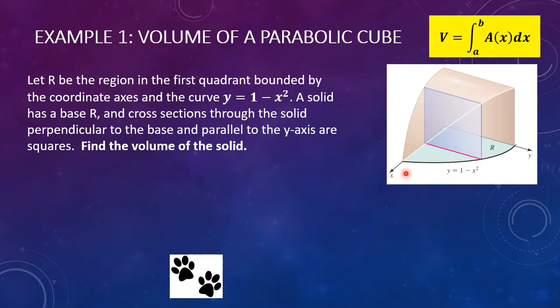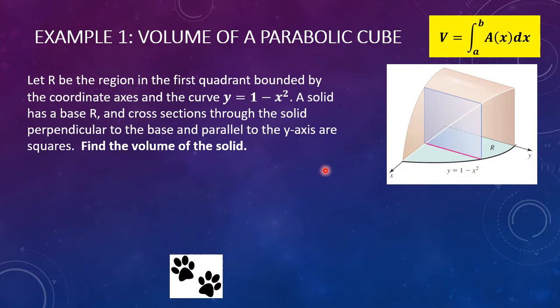A solid has base R, that's this base here that you see, and cross-sections through the solid perpendicular to the base and parallel to the y-axis are squares. Find the volume of the solid.